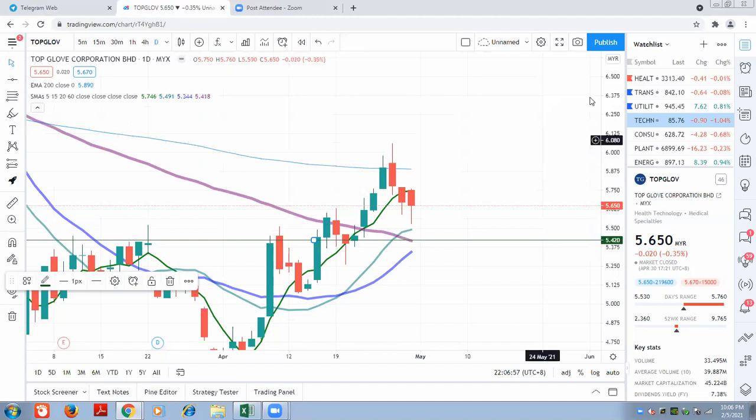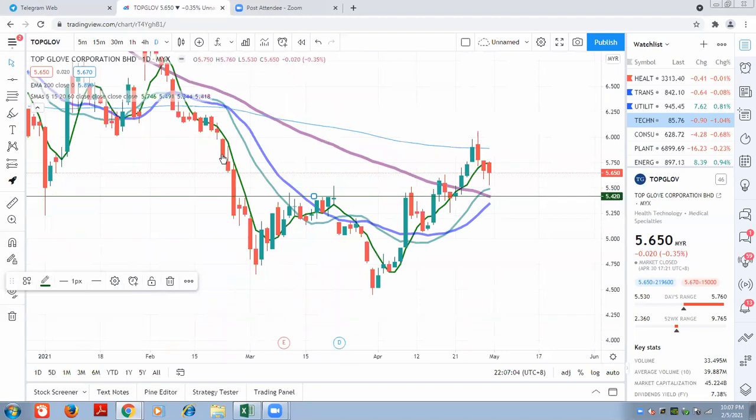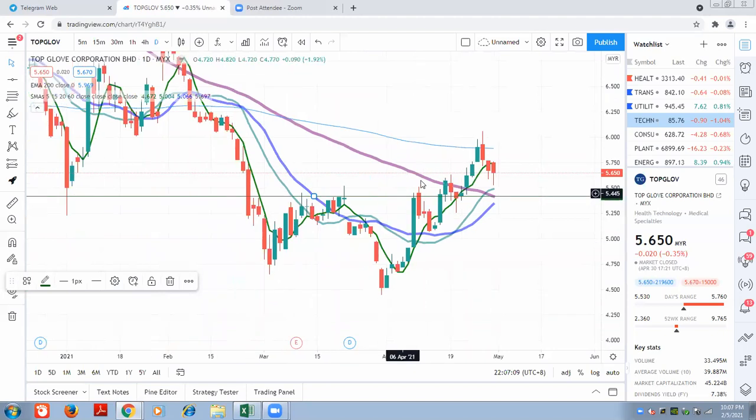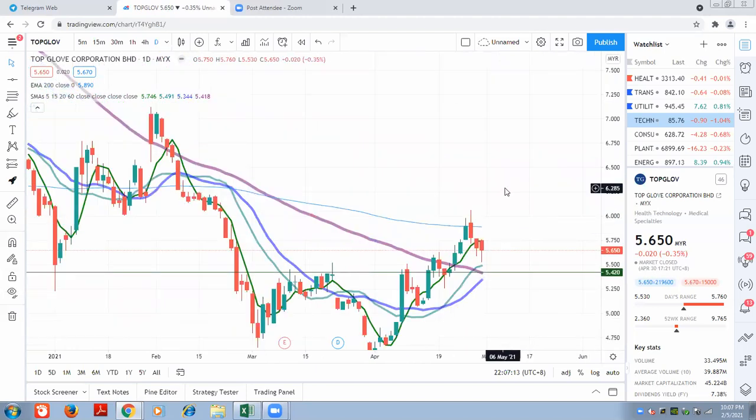Okay, before you go to the understanding of the SMA line, you need to understand the candlestick. I hope that for those who just joined today, I already gave the videos for the first and second class, where I covered time frame and the candlestick resistance and support.